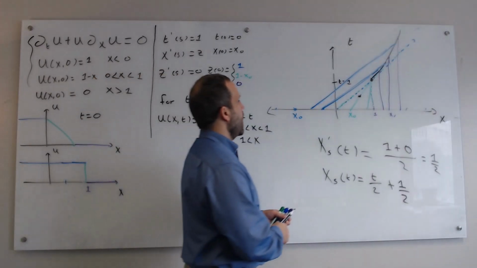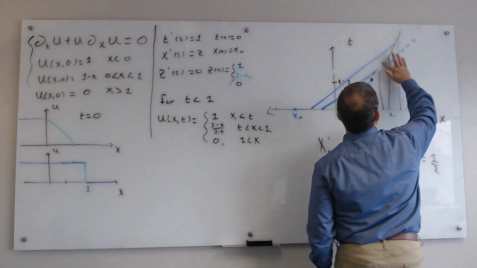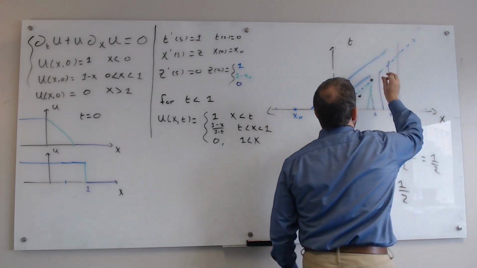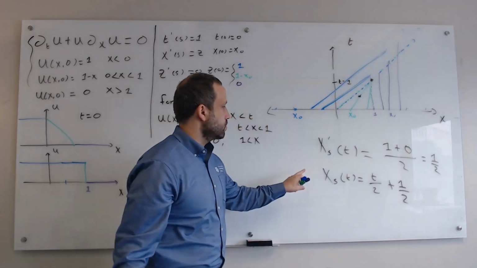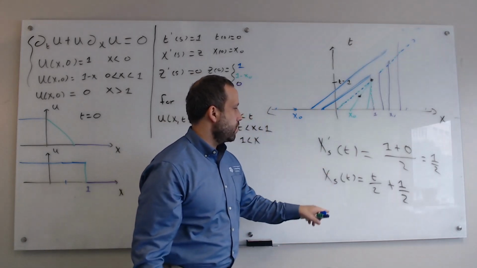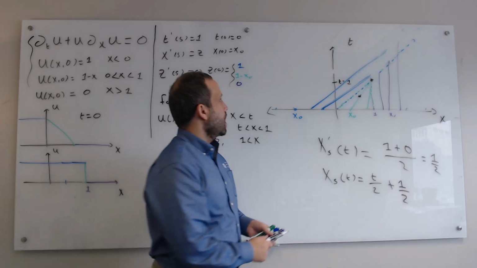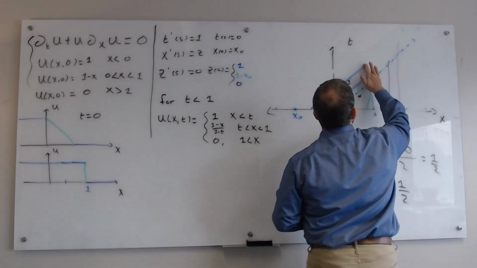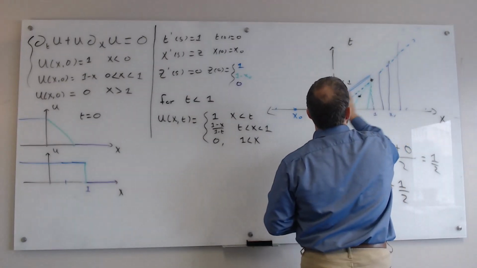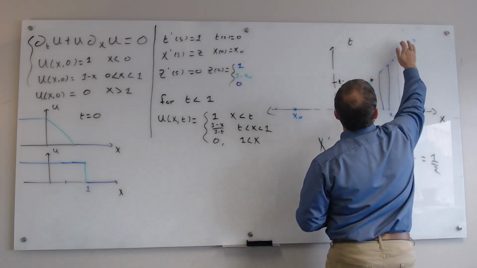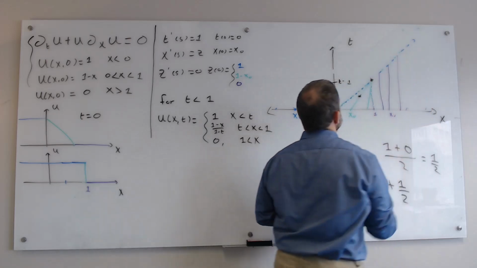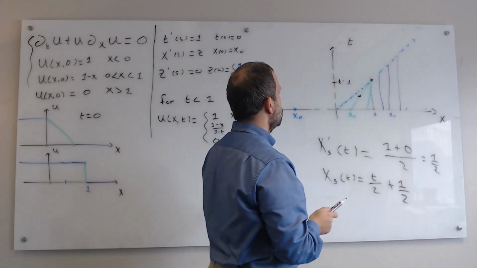Okay, so what I'm going to have then is a line whose slope is equal to 2. So it's x is equal to t over 2 plus 1/2. In the x-t plane, the slope of that line is going to be equal to 2. Okay, so let's just go back to this. So we're going to have a line of slope 2.